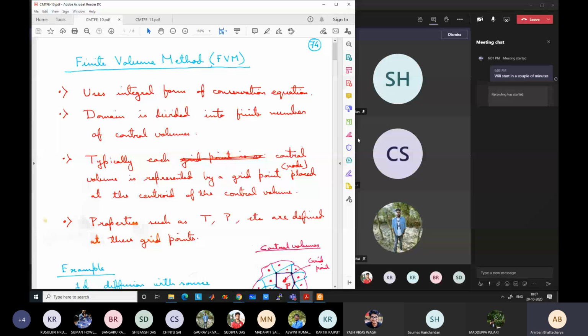The main advantage is that it is quite easy to derive the discretization equations based on the finite difference method, because you know how to tackle all the derivatives. Whatever type of derivative is present, you can use some combination of Taylor series expansion to find the algebraic equation for that derivative.